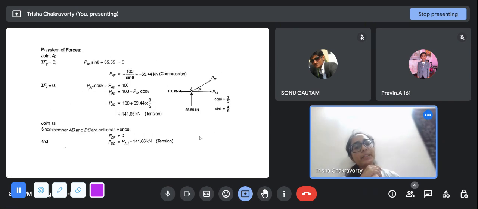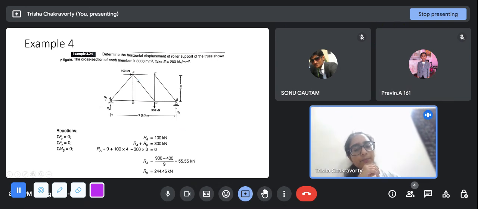So again, in this question, they could have asked you to find out the vertical displacement at this joint. Then what would you have done? The P force system will be the same irrespective of wherever they ask for the displacement, but the K system of forces will vary. Then you will just forget about the external forces, and you would apply a unit load at joint D in the downward or the upward direction, and then you would solve the forces in all 9 members.